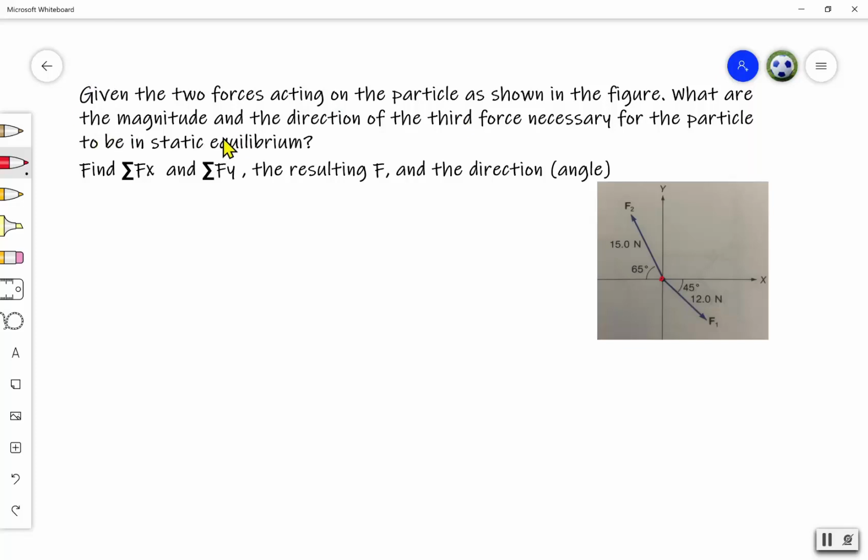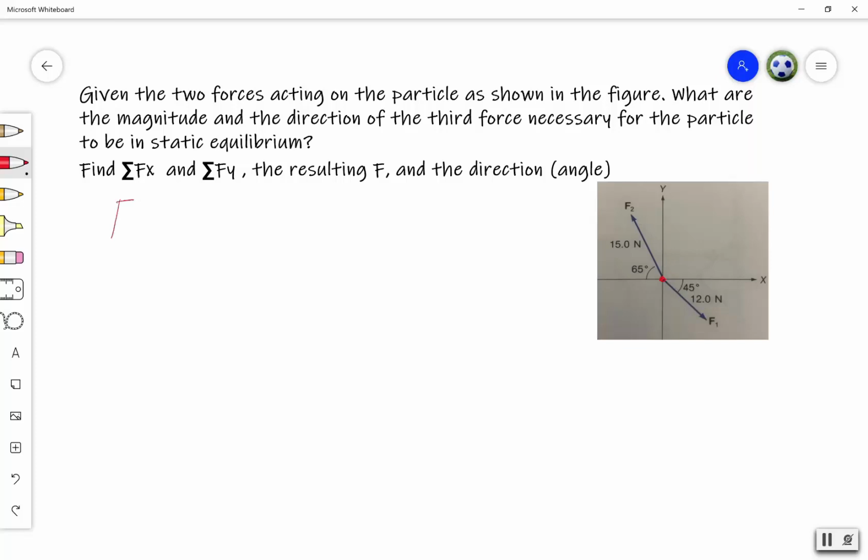This particle is under these two forces, and it appears from the question that this particle is not at static equilibrium, so it is moving somewhere. To find out where it is moving, we have to find the resultant of these forces.